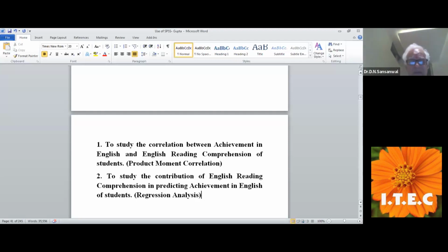So therefore, if you are writing the objective something like this, then my dear friend, you will be using the random sampling technique. So your random sampling technique will be decided by your objective. But from the title, you can find out whether you want to use the probability sampling technique or a non-probability sampling technique. Is this point clear or not?